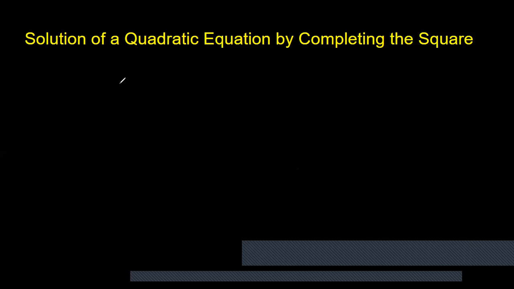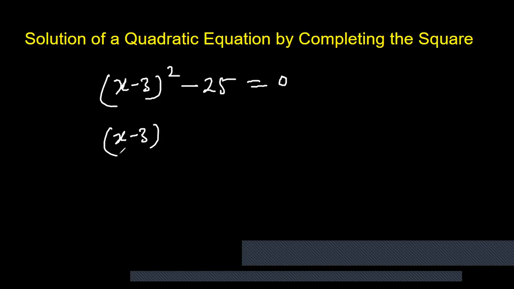Consider another quadratic equation, say x minus 3 whole square minus 25 is equal to 0. Look, this also can be expressed as x minus 3 whole square is equal to 25. And that means x minus 3 is equal to the square root of 25.